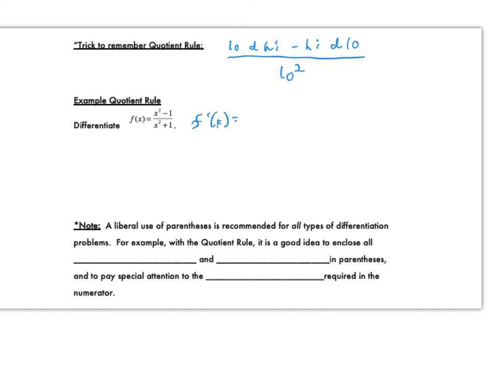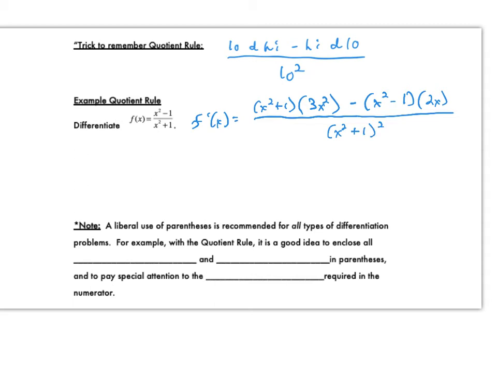So your derivative is going to be low function, x squared plus 1, times the derivative of the high function, 3x squared, minus the high function, x squared minus 1. Let's clean that up just a touch. And then the derivative of the low function, which should be 2x. And then this is all going to be over taking what's in the denominator and raising it to the second power.